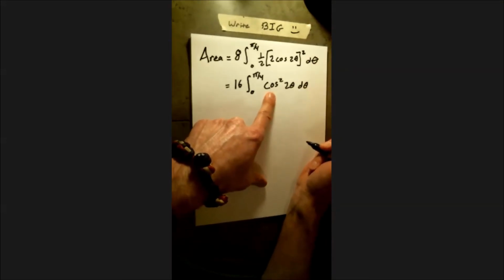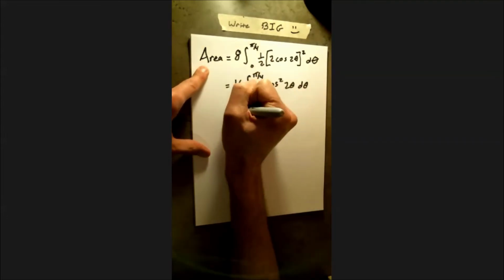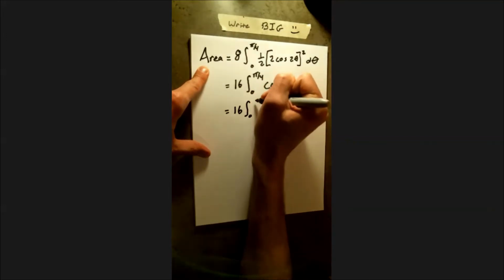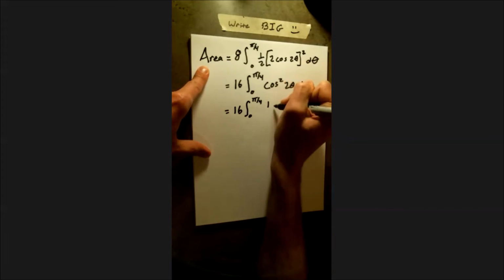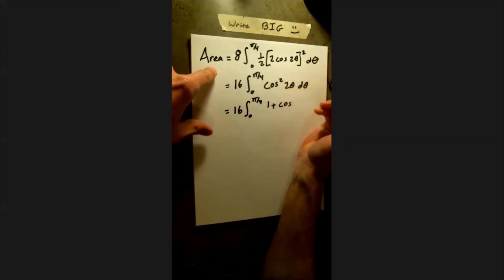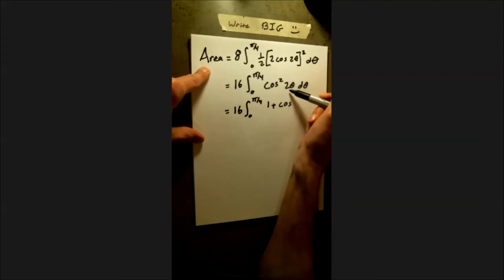In order to integrate the cosine squared, we need to use a half angle identity. So this will be 16 times the integral from 0 to pi over 4 of 1 plus the cosine of the original angle squared.